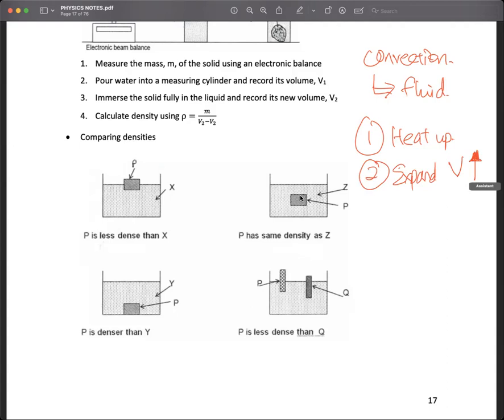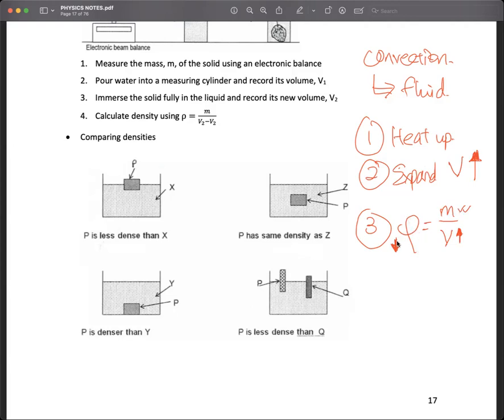Then your density is equal to mass over volume. The mass remains the same, but your volume goes up. It takes up more space because it expands. What happens to your density? The density will drop. Is that clear? So when you heat up something, the object expands, the volume increases, the mass remains the same, the amount of substance remains the same. If it's 1,000 atoms, it's still 1,000 atoms.